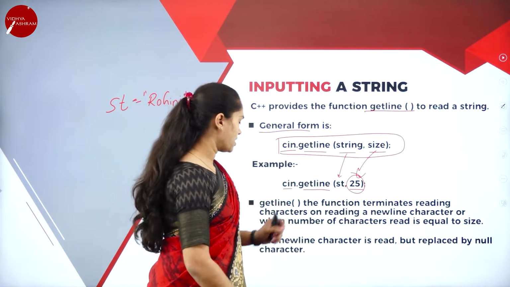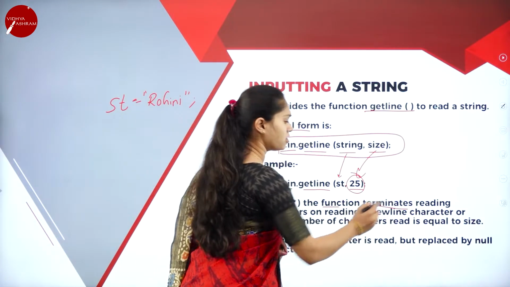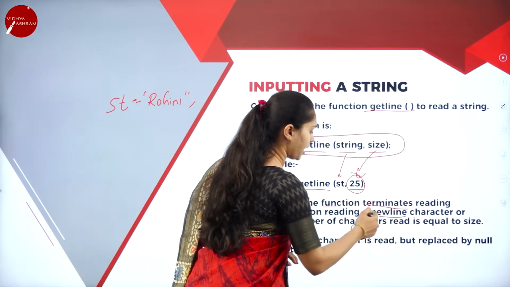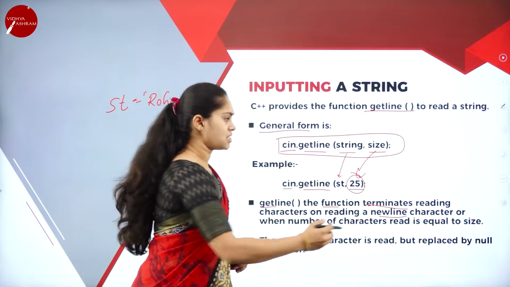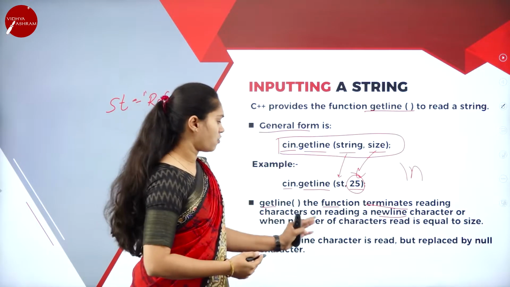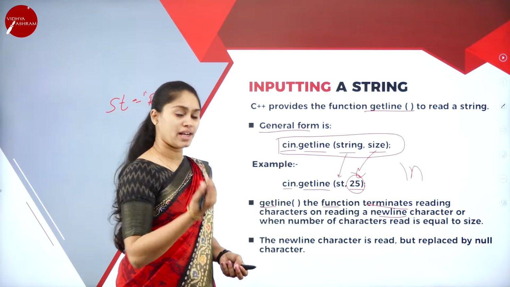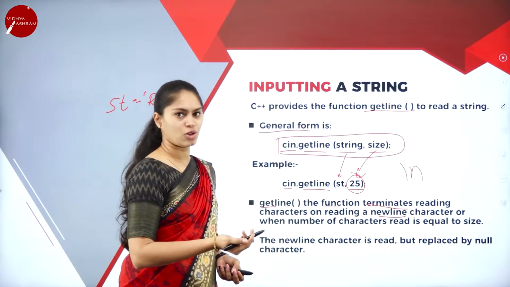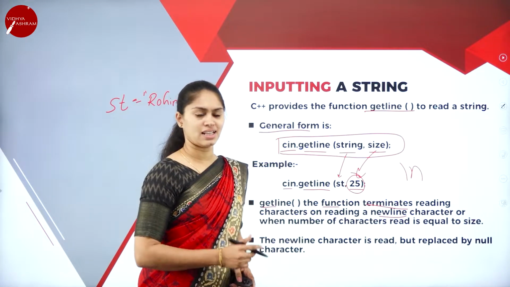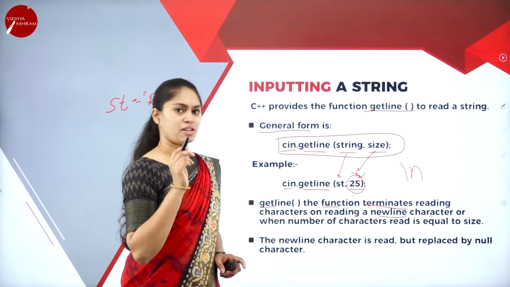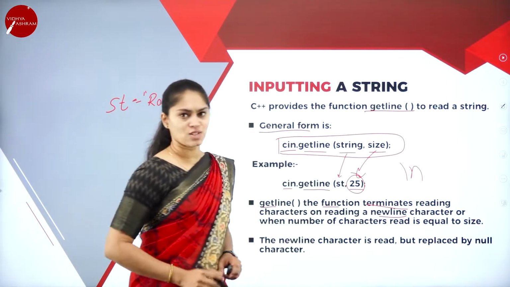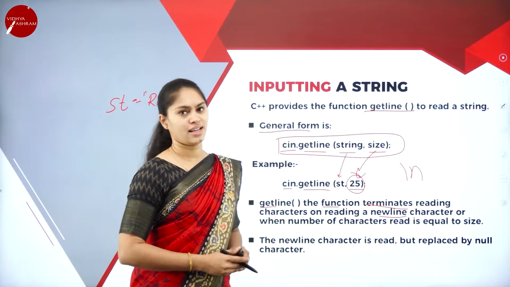The getline function terminates its reading when it gets the new line character, that is \n or endl, or the terminator \0, the null character, or when it reaches the maximum size of the string given during the declaration.